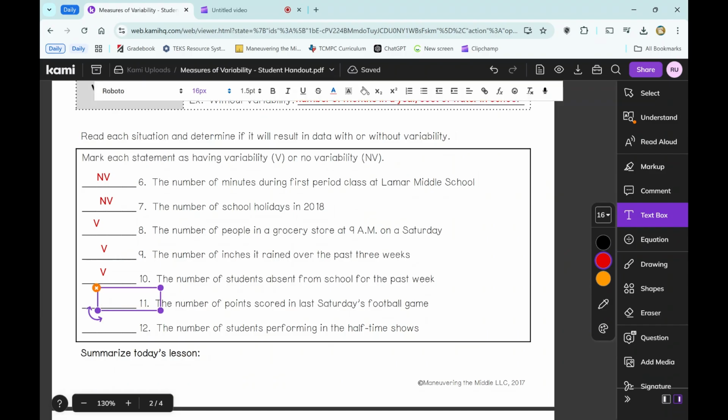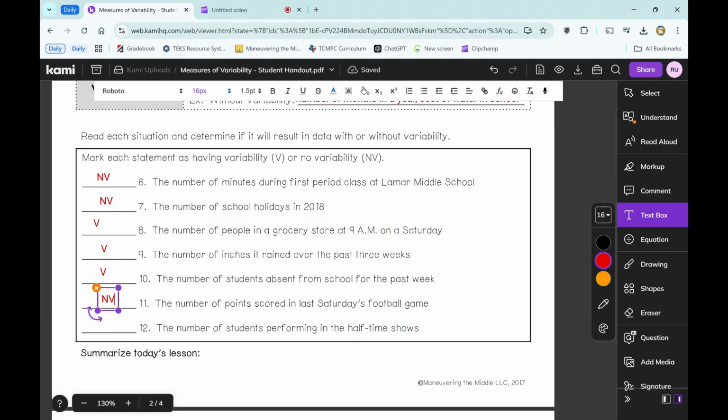11, the number of points scored in last Saturday's football game. If it was last Saturday's football game, we're only talking about one event. So the number of points scored at that one event isn't very variable at all because it's already happened. The chances of it changing are not very high.